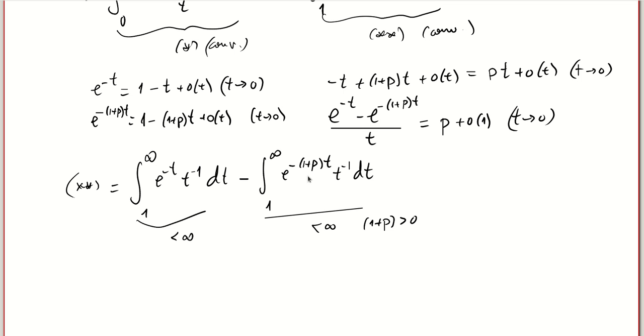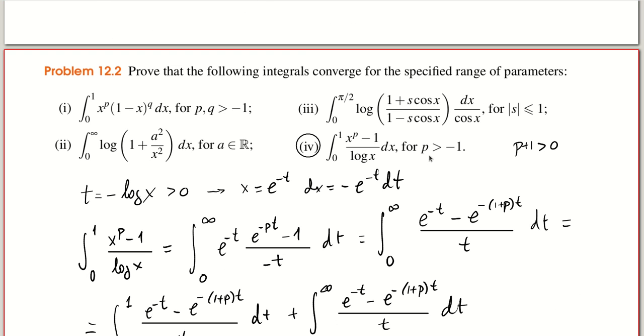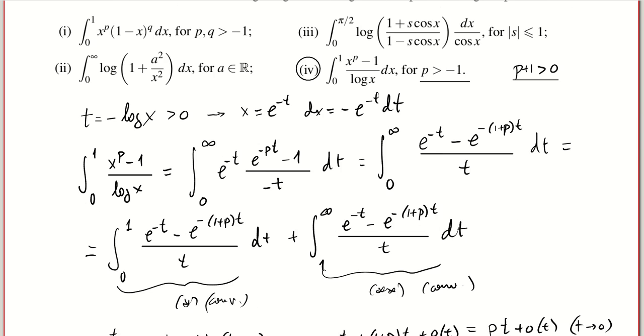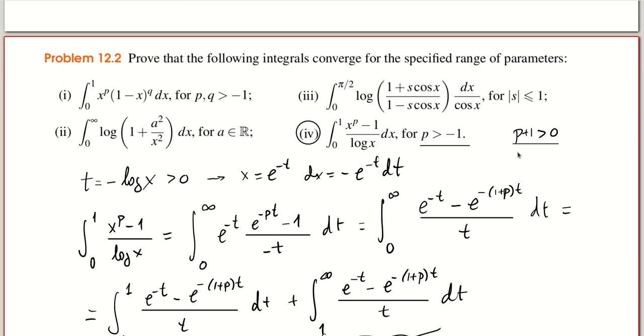Otherwise, if this is 0 or is negative, then this integral diverges, right? So actually the constraint here is very important. It's very important because it guarantees that this integral here is going to converge, right? So yes, for this region of this parameter, this integral here converges.